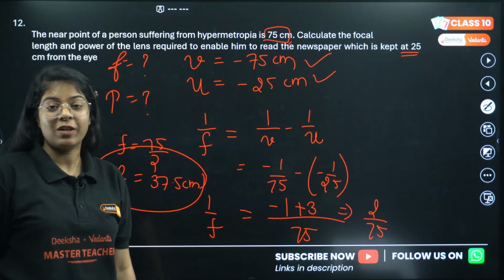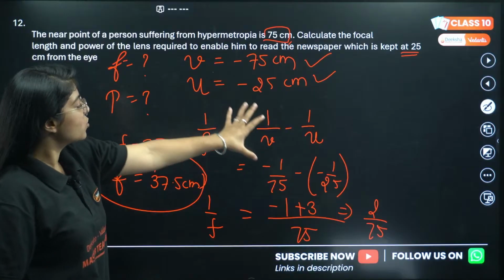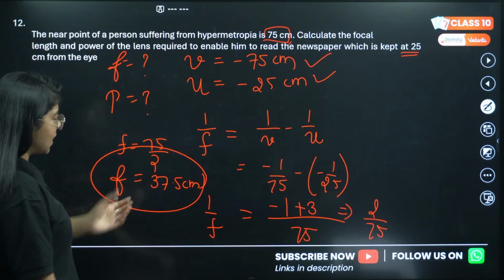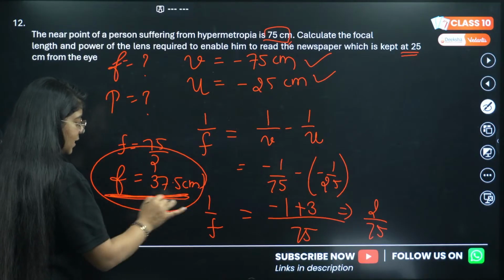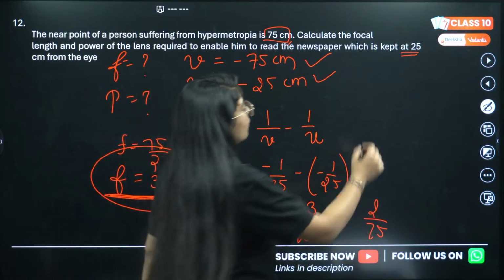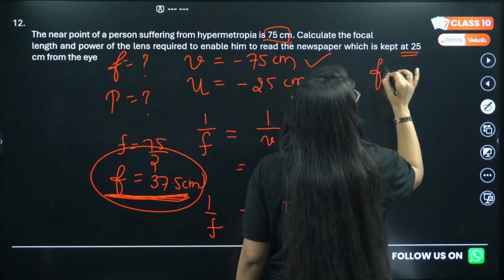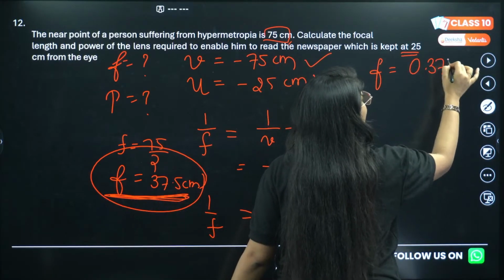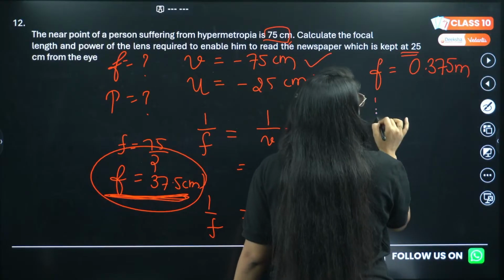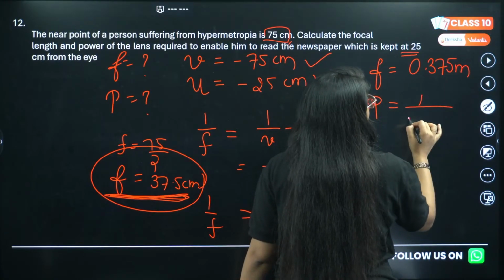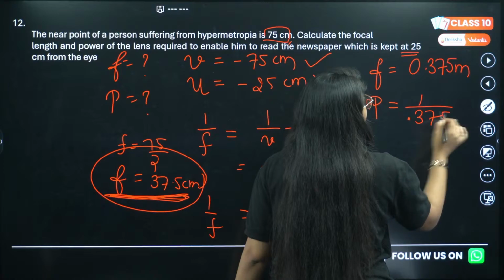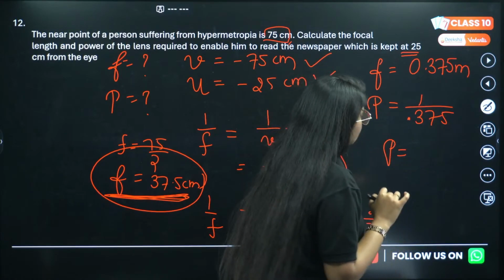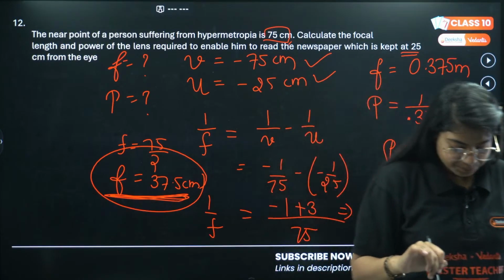Both of their signs will be negative, and by using just the lens formula, putting these values, we will get focal length as 37.5 centimeter. Correct? For power I need to change this focal length into meters, that will be 0.375 meters. So power will be just the inverse of 0.375.